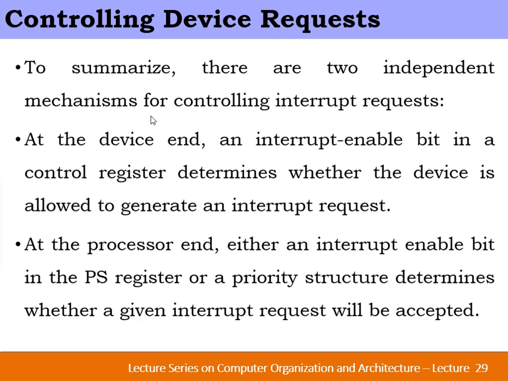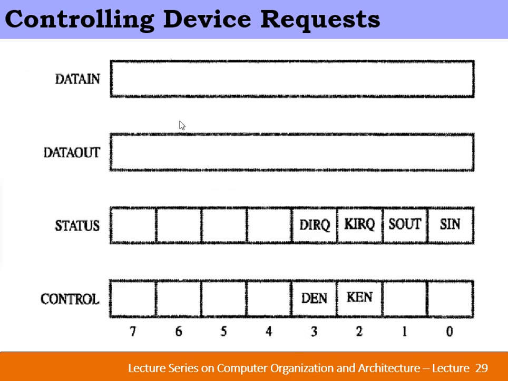One is at the device end and another one is at the processor end. At the device end, we have an interrupt enable bit in the control register to determine whether the device is allowed to generate an interrupt request. For example, if your program consists of a keyboard and display device, you can set the KEN bit or DEN bit in the control register to 1.